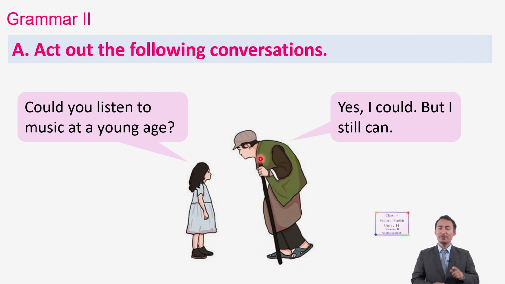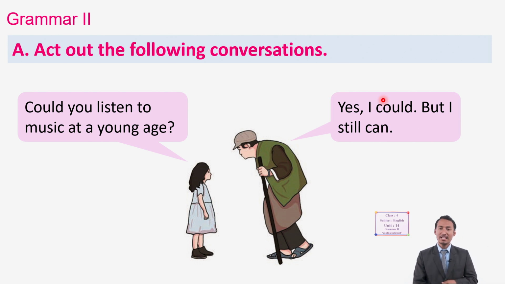So she is asking, could you listen to music when you were young? And she says, yes, I could. And I still can. She still hears. So some people may hear at an old age, but some old people cannot hear, right?